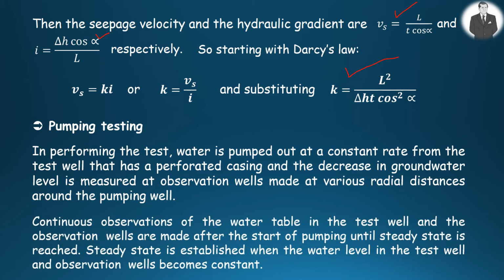Regular observations of the water table in the test well, as well as the observation wells, are made after the start of pumping until steady state condition is obtained. Steady state is set up when the water level in the test well and observation wells becomes constant.